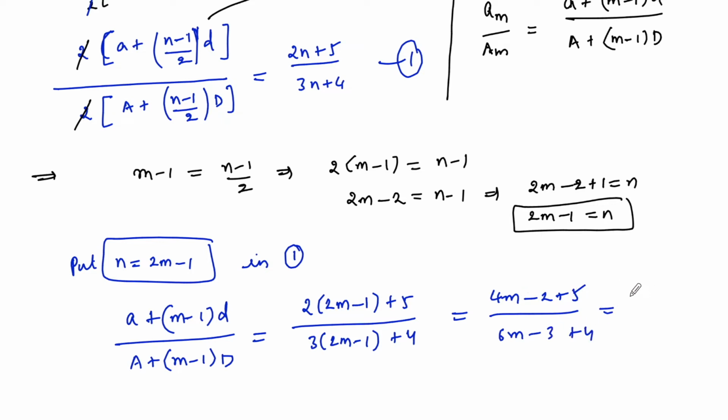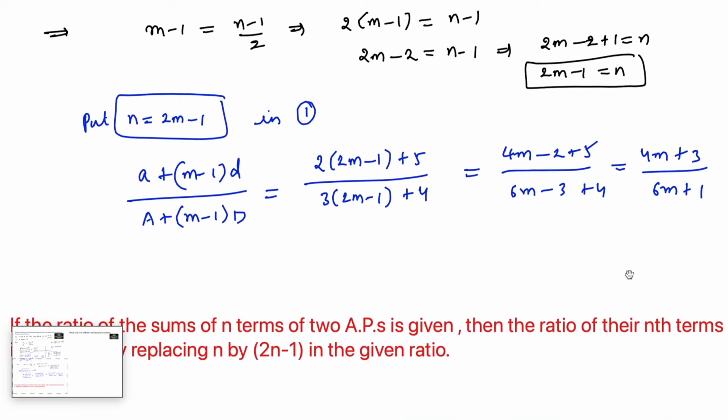So which is 4m plus 3 upon 6m plus 1. So we can say that the ratio of mth terms is 4m plus 3 upon 6m plus 1.